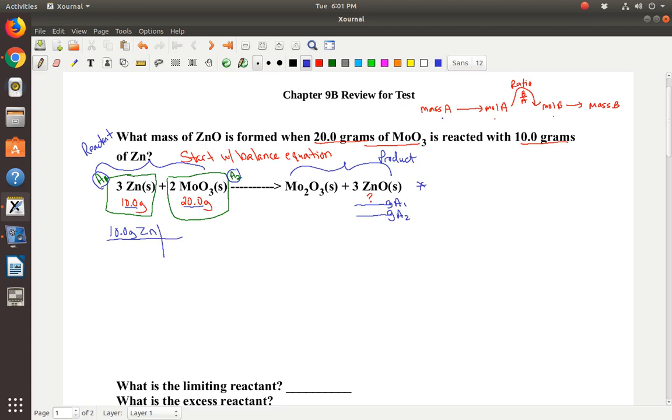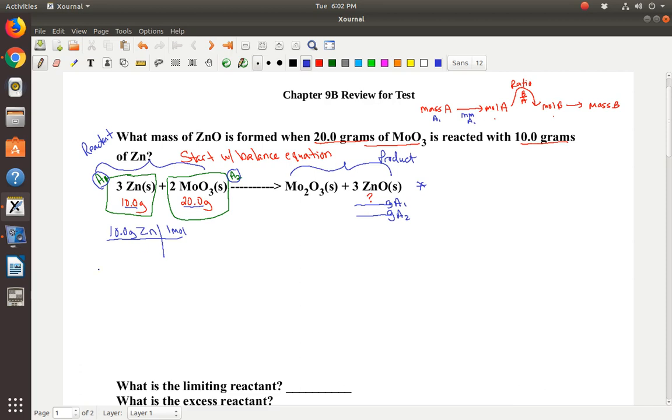So this is where I am right now. I'm at A1. I have the mass of A1. I'm going to need to go to the moles using the molar mass of A1 to get to the number of moles. So 1 mole is on top, and I need to know the molar mass of zinc. And so I just need to look that up on the periodic table. Okay?